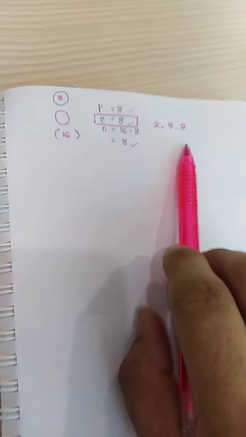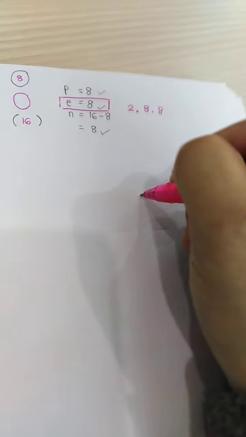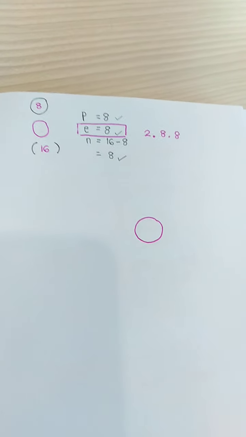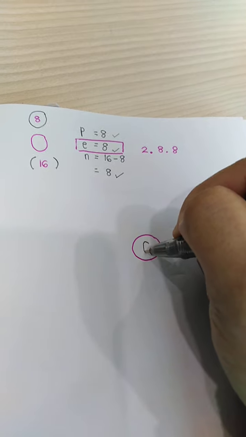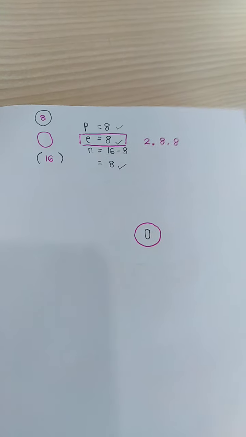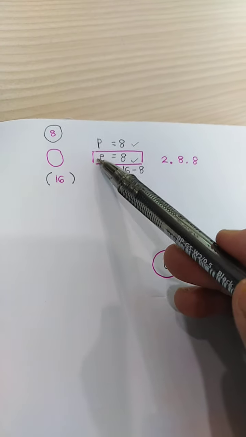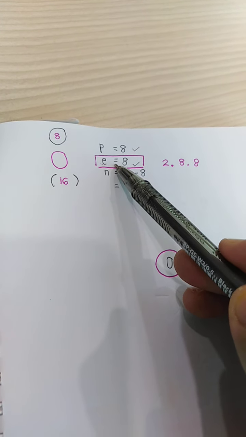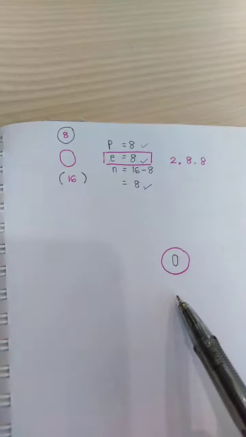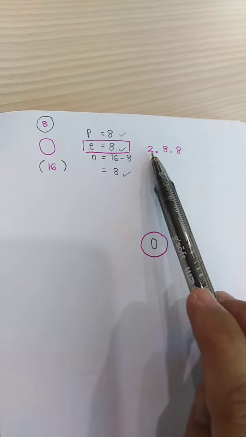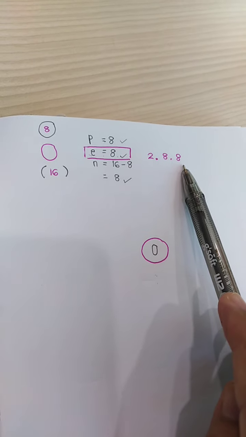So now let me draw the first diagram. For oxygen, okay, first I draw the nucleus and I put capital O for oxygen. Next, I'm going to draw 8 electrons inside this diagram. I need to obey this formula, 2.8.8.